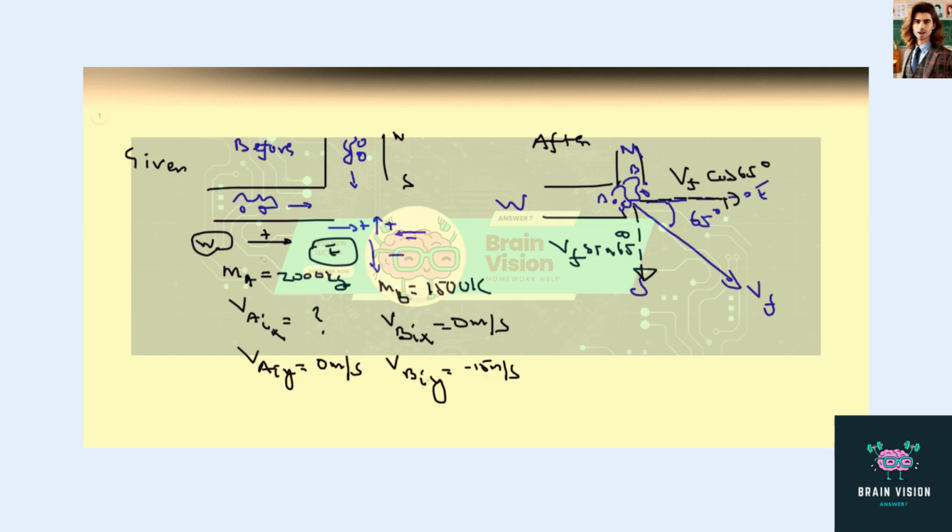Those are some things we're given, and in part A we want to find out what V final is, the final combined velocity after they collide.